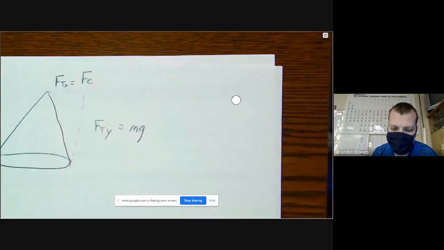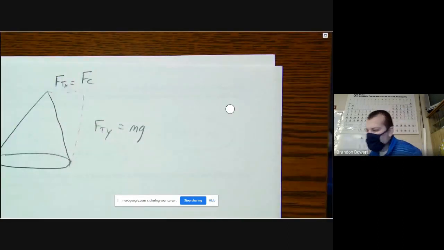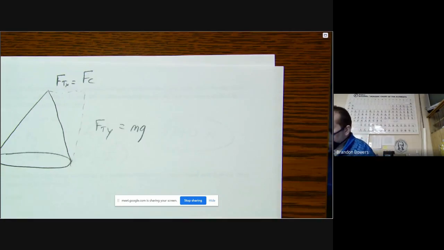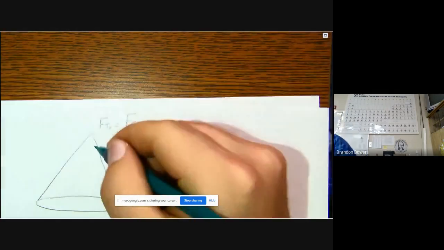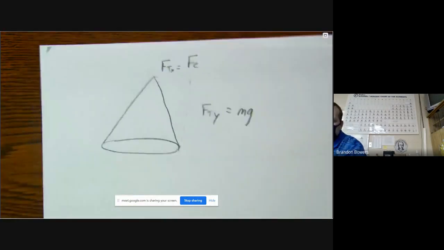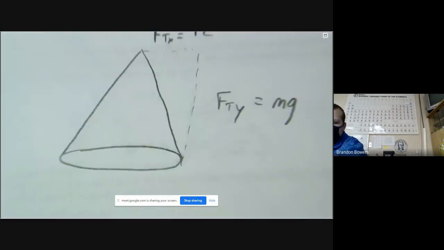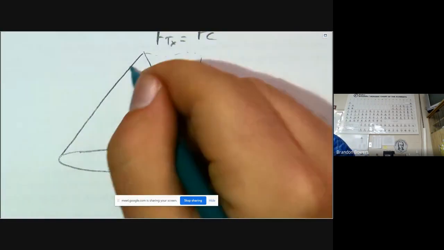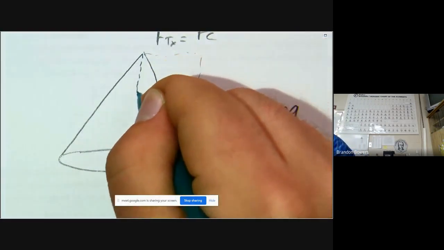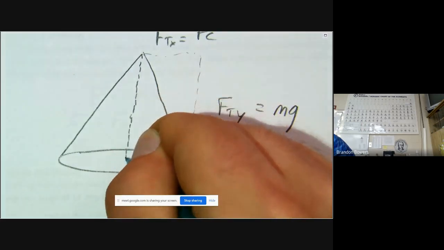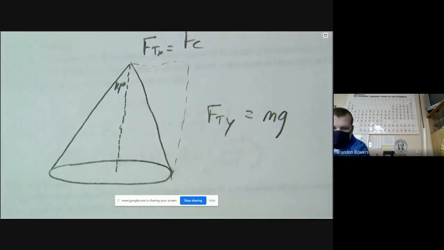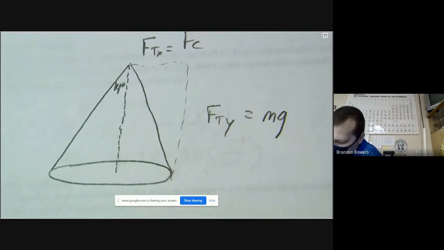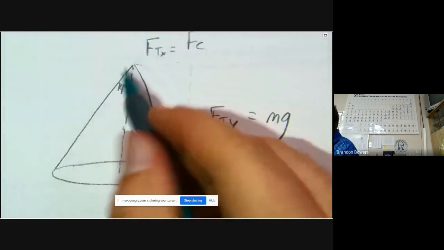I'm going to draw a free body diagram real quick of what we know. Okay, what do we know? Actually, I'll just use this. Zoom in a little bit. So, from the center, we know this is 14 degrees. Right? We know the length of my string to my mass.